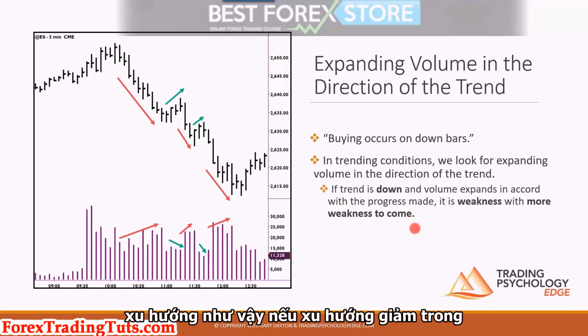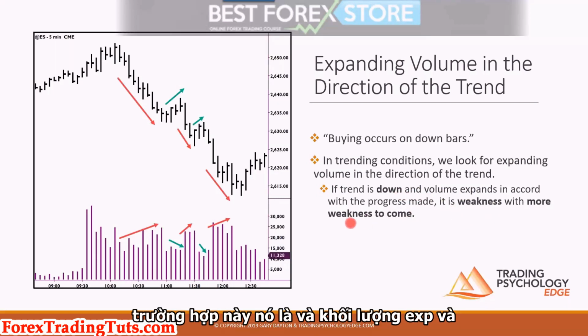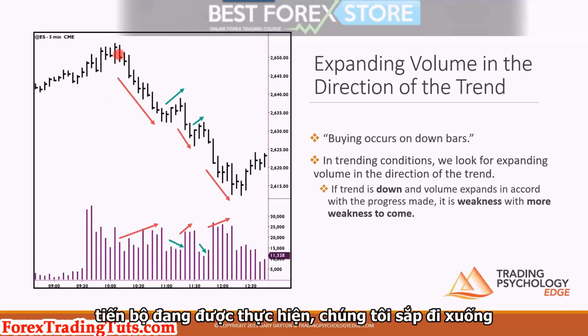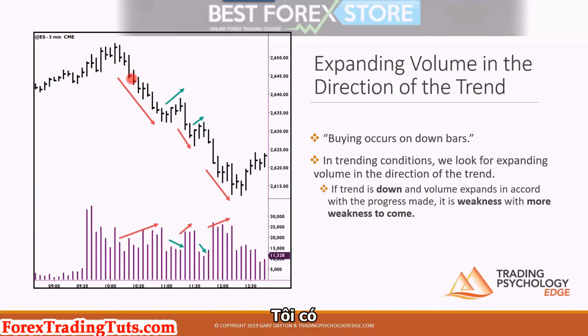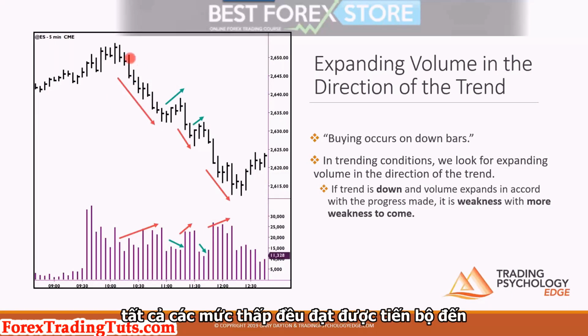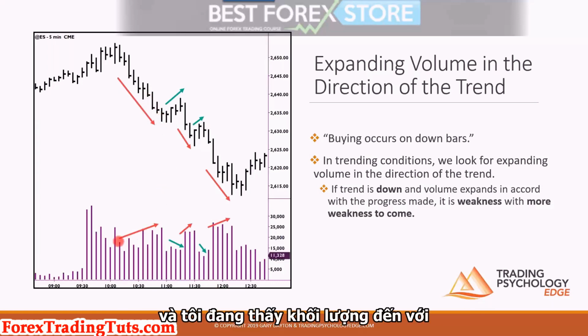So if the trend is down in this case, which it is, and volume expands in accord with the progress being made, we're coming down. I've got very weak bars in here, all closing on the lows, all making progress to the downside. And I'm seeing volumes coming into the downside as that's being painted here.